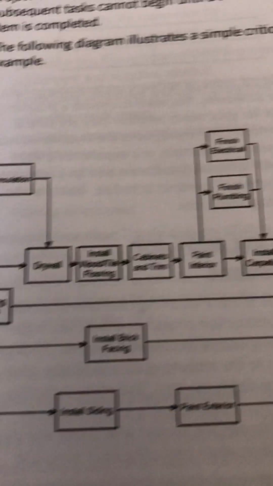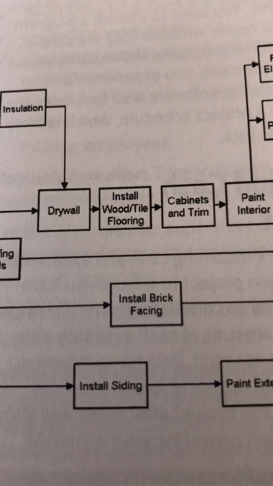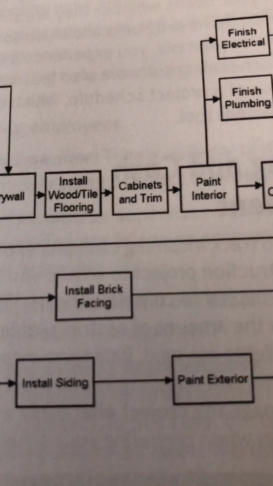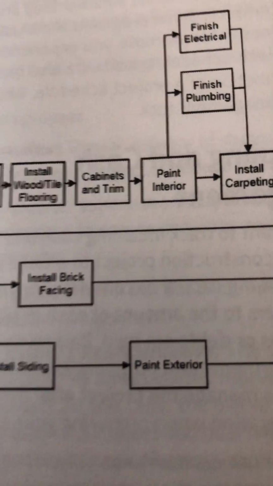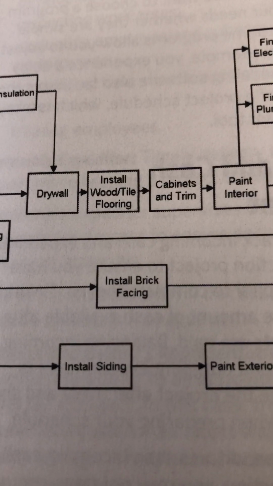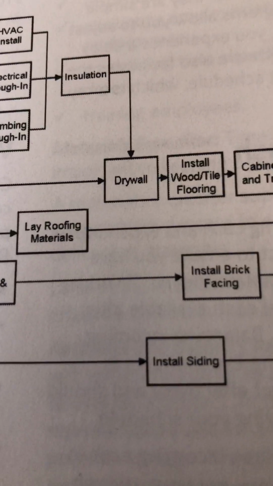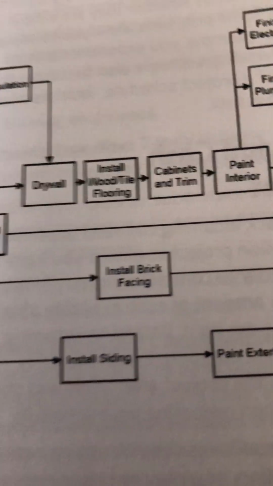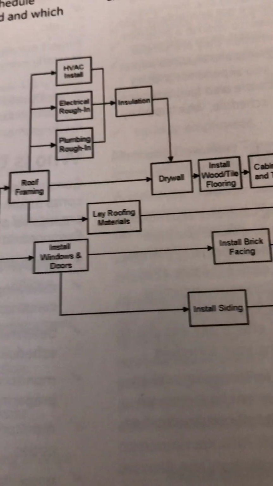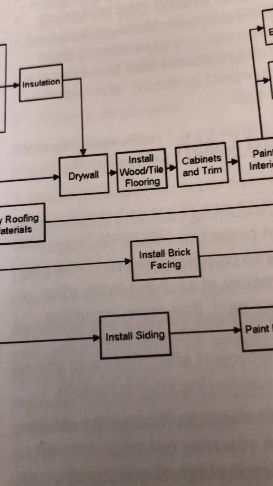And you can see this like install wood tile flooring, then the cabinets, then the paint interior. So like drywall, then that, then that, then that. But this brick facing, that's got nothing to do with them.